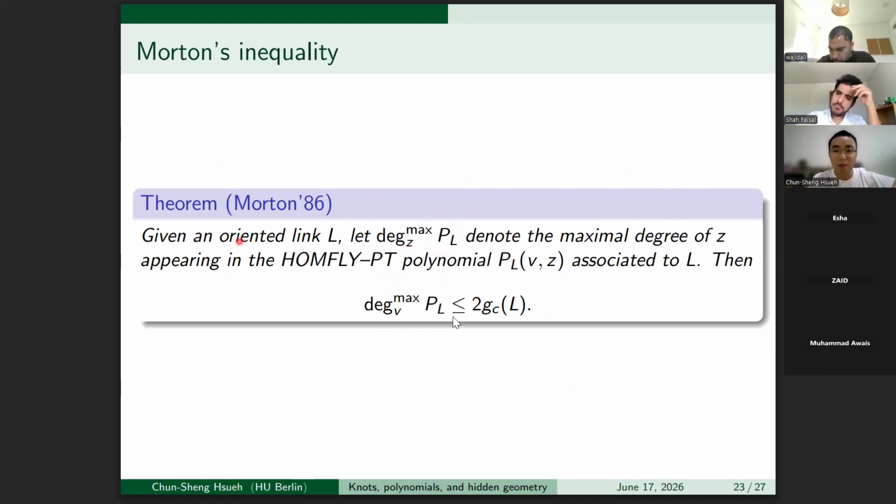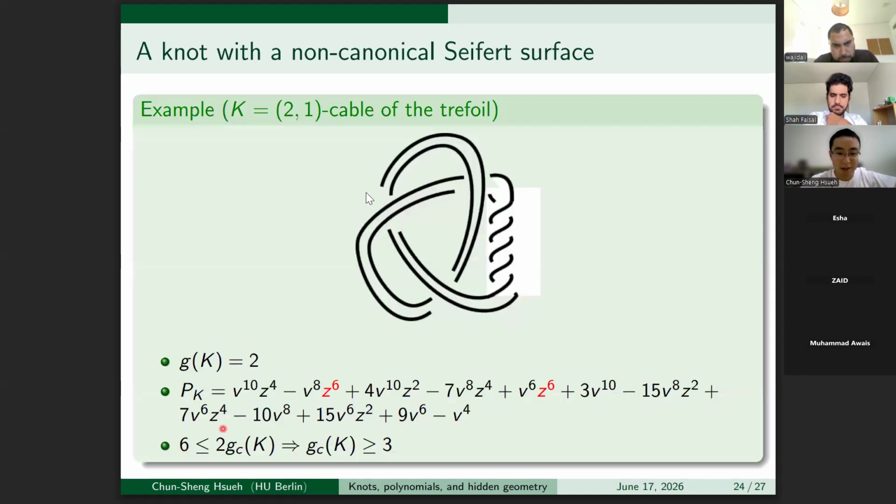So what Morton showed is that this maximal power is actually a lower bound for twice the canonical genus of a link. So we can now consider this example.